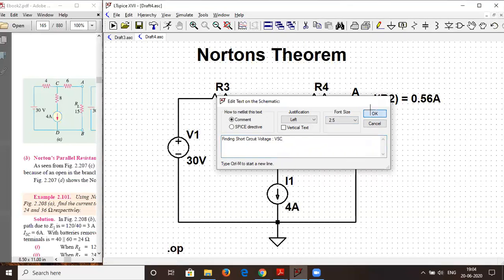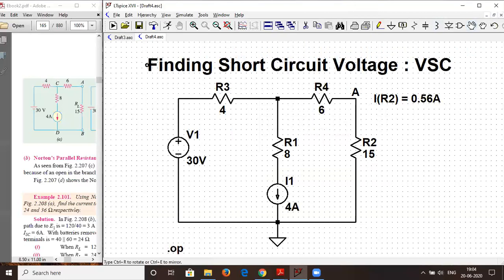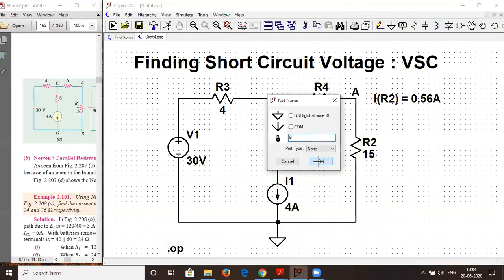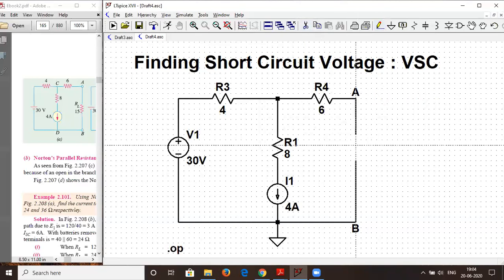Okay, so let me place it over here. For finding the short circuit quantity, let me mark this as the B terminal just for simplicity. We need to find it between A and B. First of all, we need to disconnect this resistor and replace it with a short circuit wire.